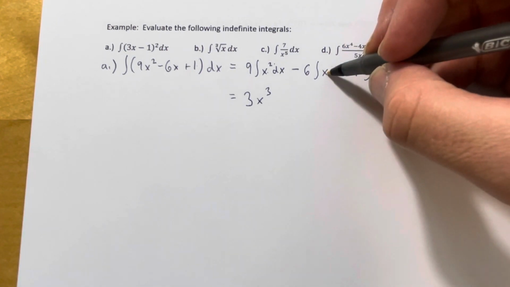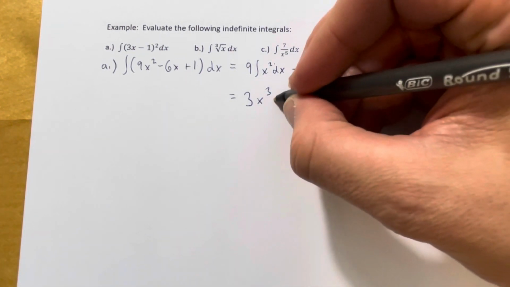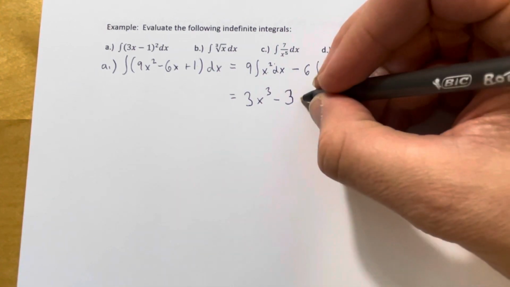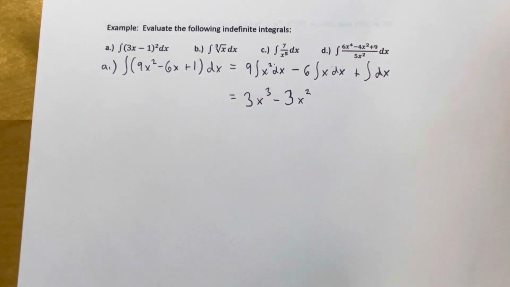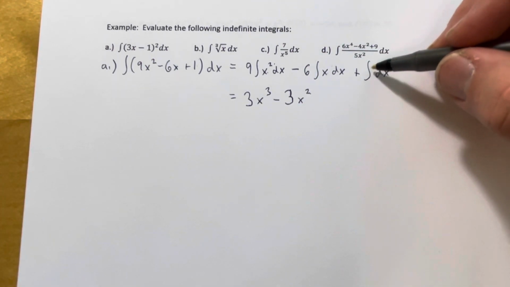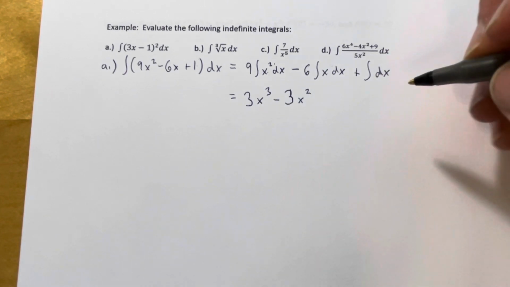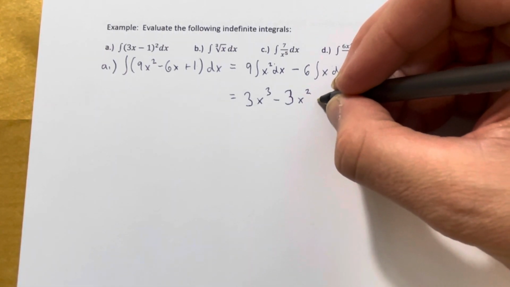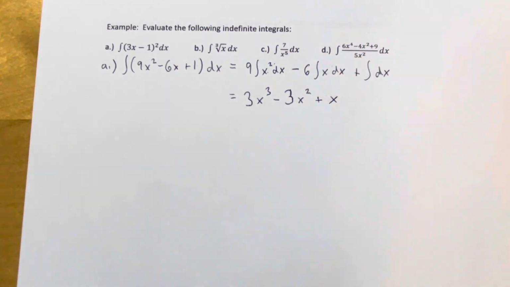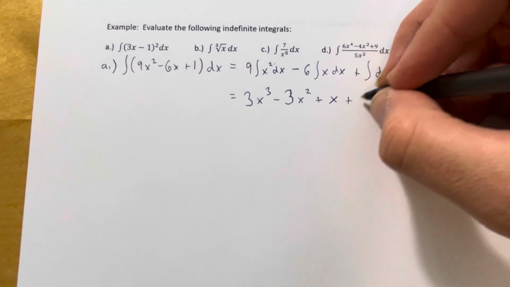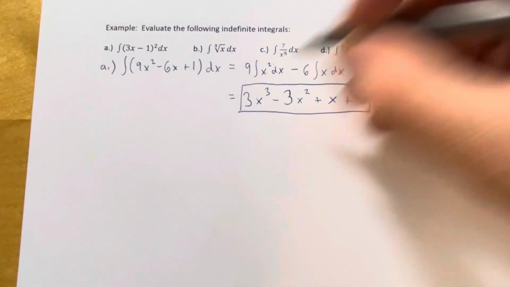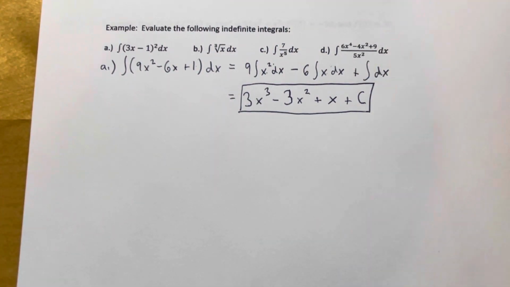But that 1/2 is going to get multiplied to that 6, and I get negative 3x squared. Finally, there's this integral of dx. Remember, that's really technically a 1, so it's a constant, and the antiderivative of a constant is that same constant times x. 1 times x, which I would just write as x. Then we have plus c. So that is my indefinite integral. Okay?